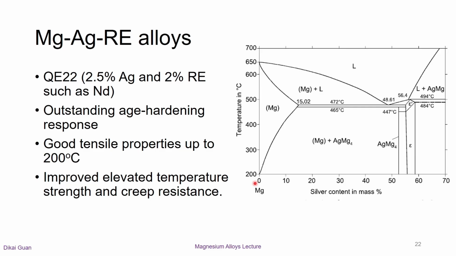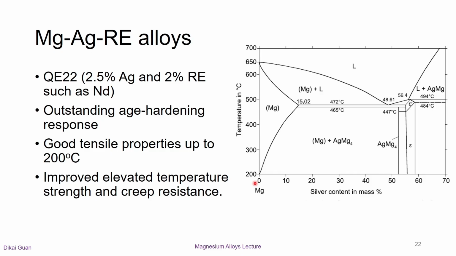If these alloys contain less than 2% silver, the precipitation process appears to be similar to that occurring in magnesium rare earth alloys and involves the formation of magnesium neodymium precipitate. However, for higher silver contents like 2.5% in QE22, silver can modify the precipitation sequence and increase the volume fraction of particles that are formed.